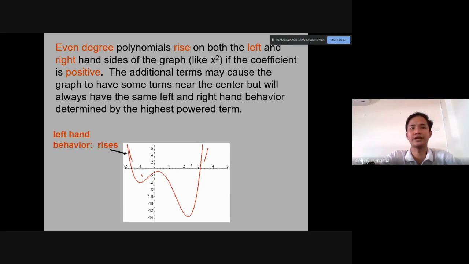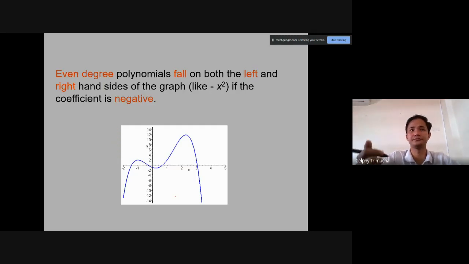So para sa aton nga polynomial, okay, we have left-hand behavior pointing upward, so ang ating right-hand behavior upward man. For an even degree polynomial, gapapanaog siya or pointing downward siya on both left and right hand, if ang ating graph is having a coefficient na negative. So, for example, negative x squared, negative x to the fourth.